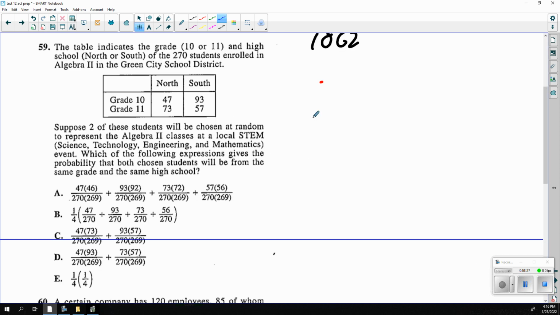This one was crazy. We want to select, from all of these people, 2 people who are the same grade in the same school. So there's 270 enrolled. What's the chance of me picking grade 10, the North? Well, for the first person, it would be 47 out of 270. Now, you know you're counting.